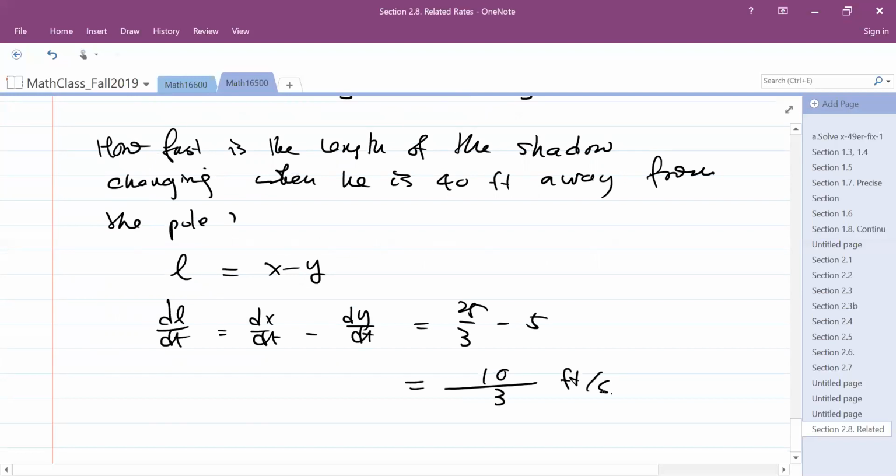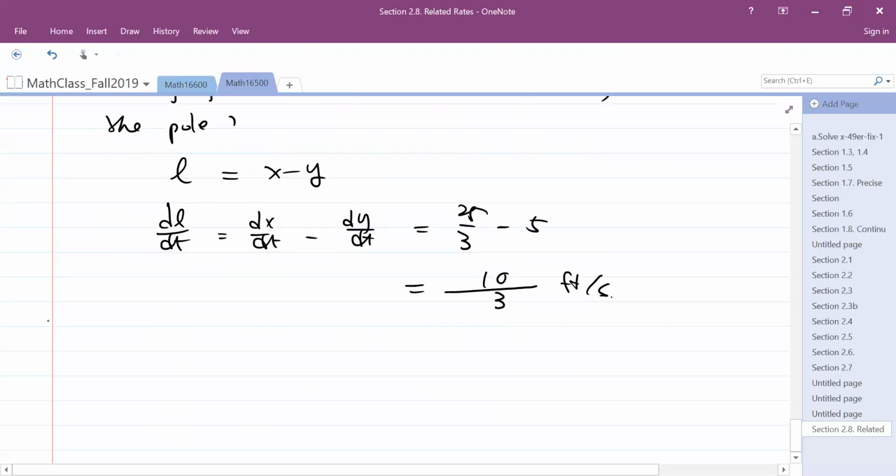So the length of the shadow actually increases at a constant speed. If you're running away from the light and you look at the length of the shadow, it's increasing at a constant speed. It's not speeding up, it's not decreasing. Of course, it's getting longer and longer, but at a constant speed.